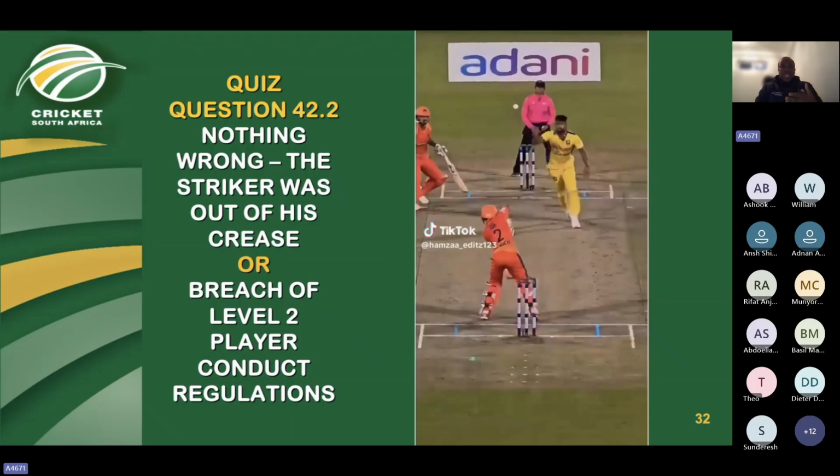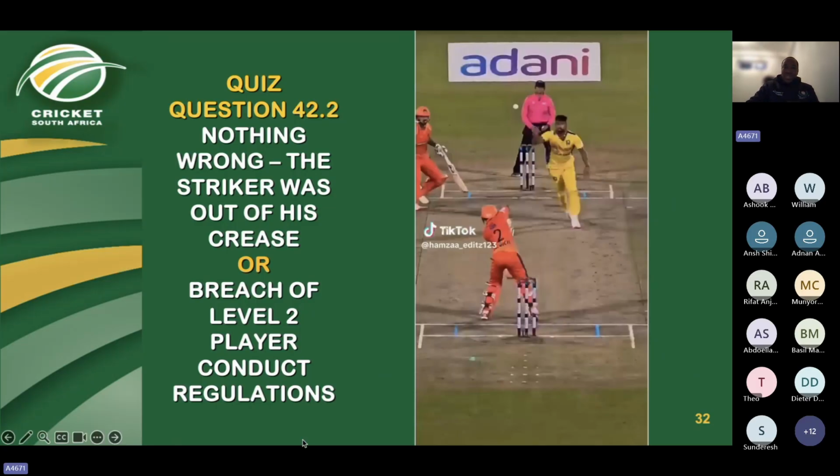Of course, if a striker is out of his or her ground, the bowler is allowed to attempt to run the striker out. And so this could be the little bit of leniency, what's the term they use in court, when you let a player off because of the striker being outside of the popping crease.